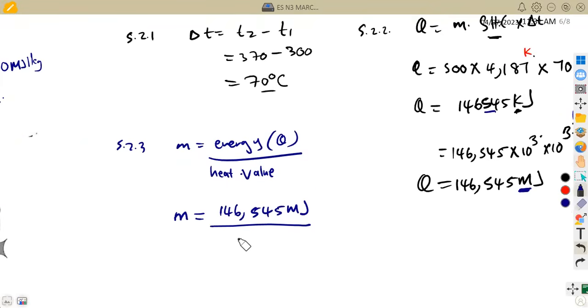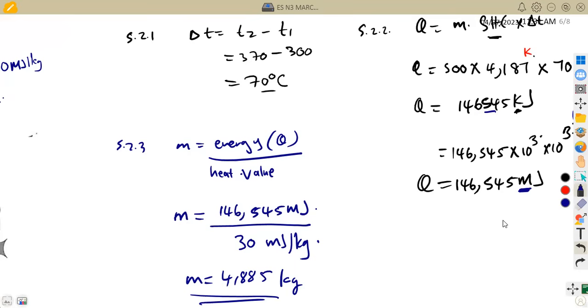So if we divide by 30 megajoules per kg, we are going to have our mass in kgs. Megajoules and megajoules cancel. So this is going to be 4,884,833, so the 8 is going to change the 4 into 5. So that is the quantity of coal which was required, which is 4,885 kgs.